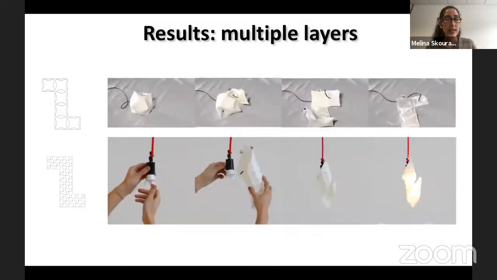And this is an application where we used the structure on the left, which has this S shape, to program 2 shapes. So this structure can be used, for example, as packaging for a light bulb, and then turns into a lampshade.